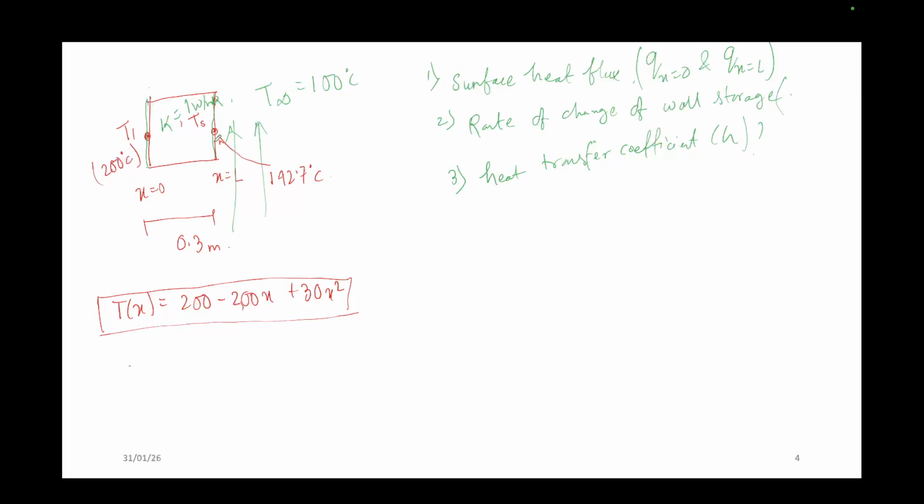It represents how much heat is entering and how much heat is releasing. That means you can write whatever heat flux is getting in, the inlet, minus the heat flux out. This is basically your concept.